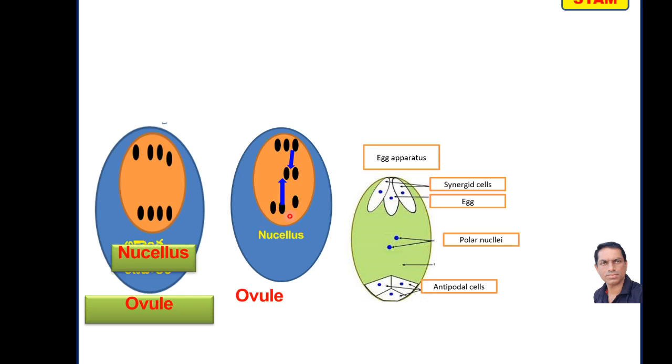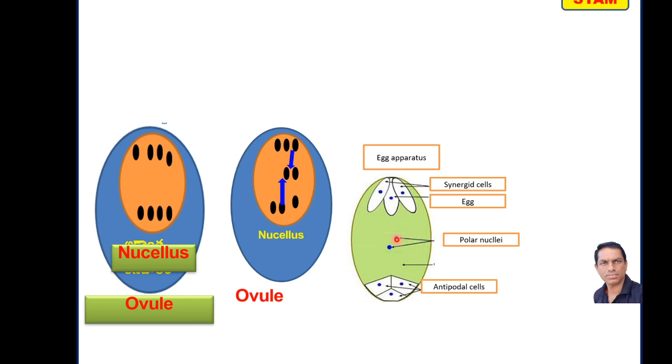On the chalazal side, the three nuclei form cell walls and act as antipodal cells. The two nuclei present in the center region of the female gametophyte, or embryo sac, are called polar nuclei.